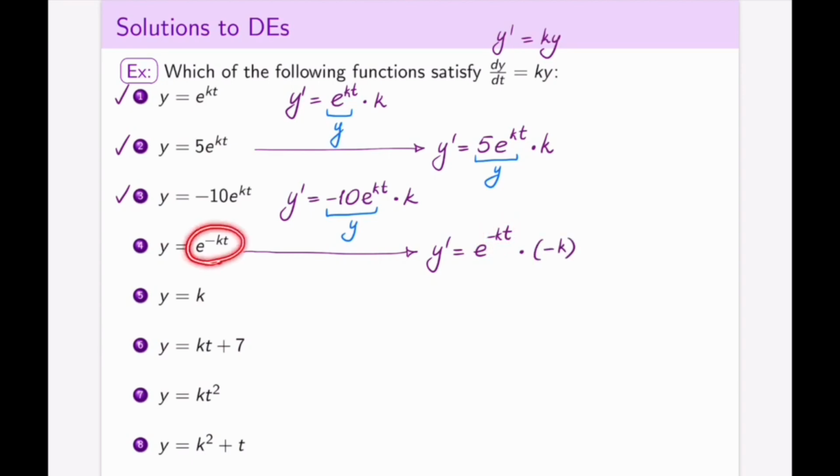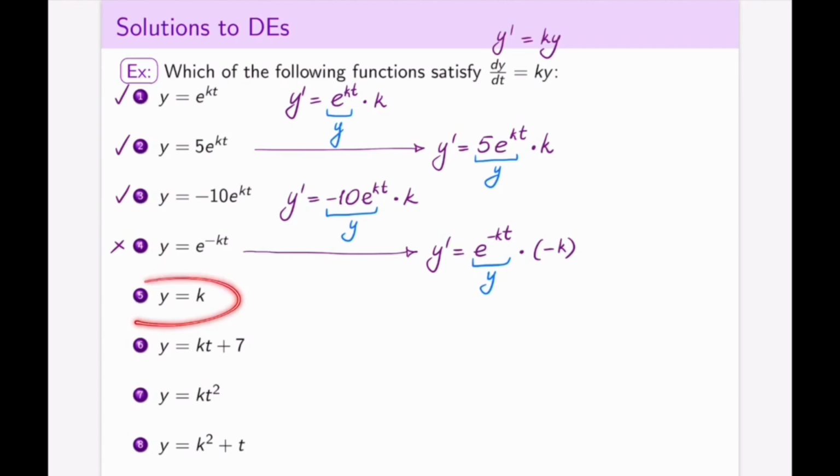I have that this is my original function, so I can replace this with y. And so the equation I get then is y prime is equal to y times minus k. Well, that doesn't match this equation exactly. I get a minus here and no minus here. So this is not the same equation. This function does not satisfy the above differential equation. So the change in the exponent makes a difference.